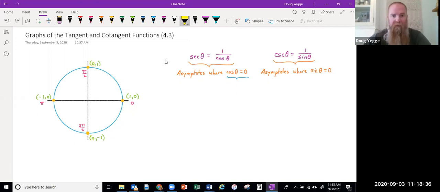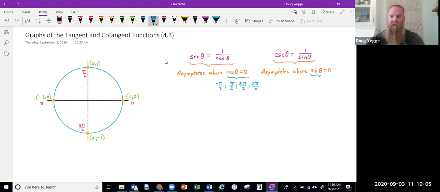On any rotation, we could have π/2, where we know there's going to be an asymptote, and we saw another asymptote at 3π/2. But maybe we look before that, in the negative direction, and -π/2 would be one, or 5π/2. So at any odd multiple of π/2, there's going to be an asymptote for secant of theta.